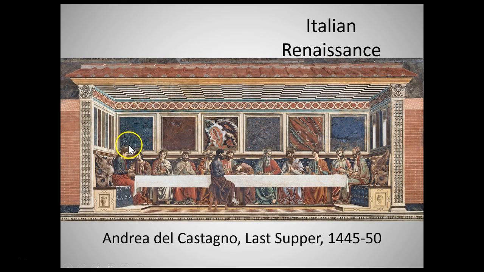And again, these sort of foreshortened halos are going to foreshadow advancements to come that we'll see in later depictions of religious narratives. So this is a good, again, a comparison piece, because this will be very helpful when we do look at the high Renaissance period, and we look at the work of Leonardo da Vinci and his Last Supper.